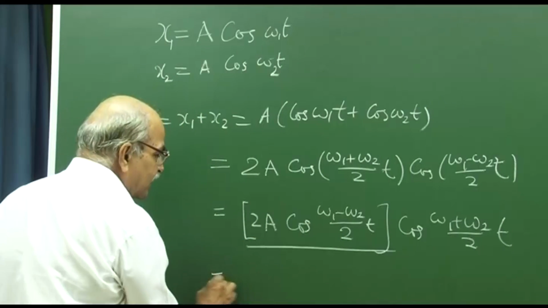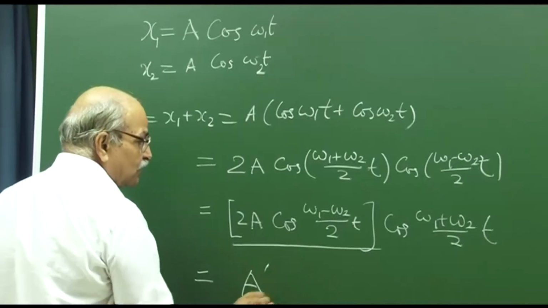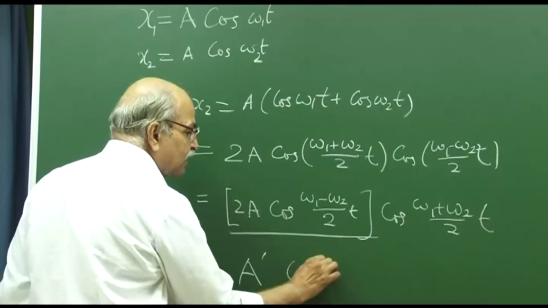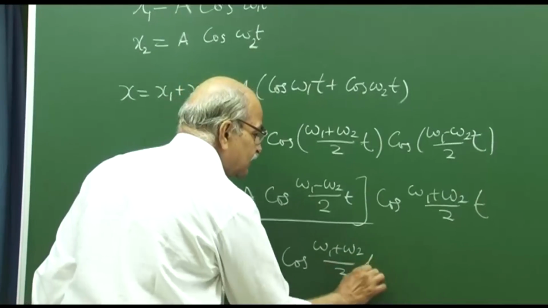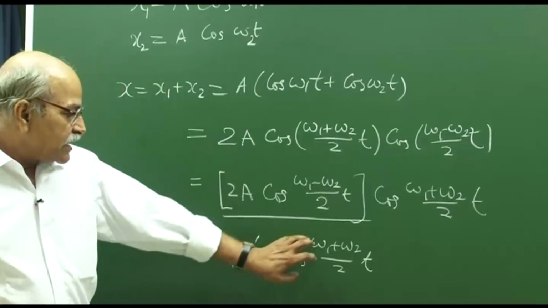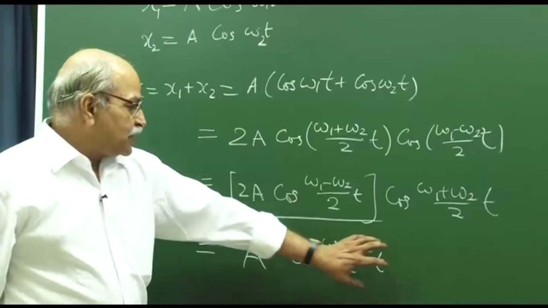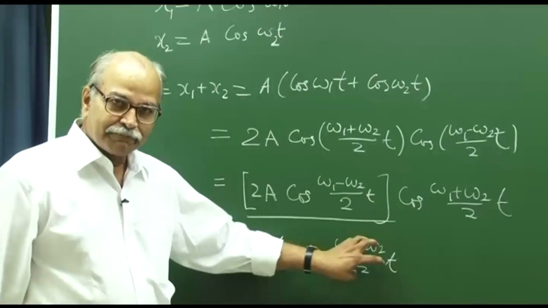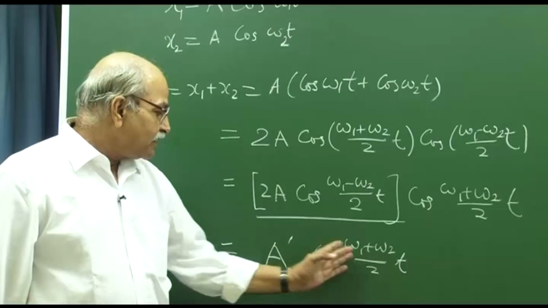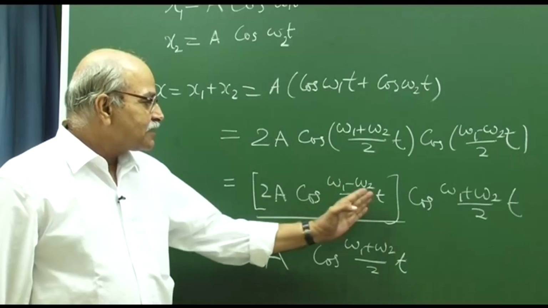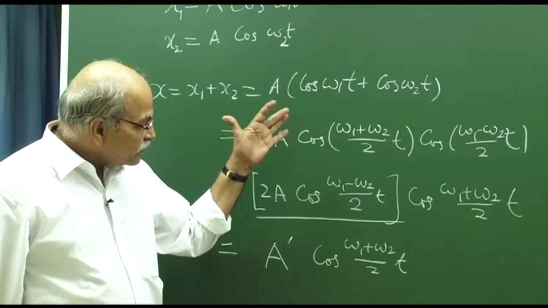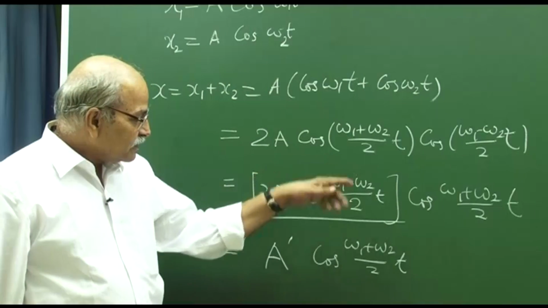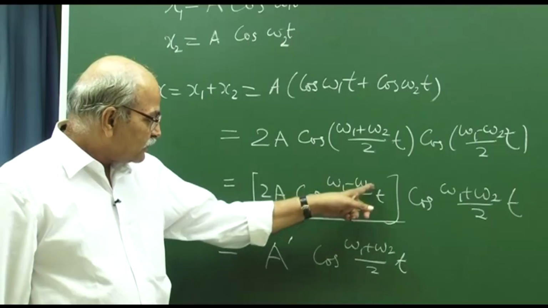You can write this as some a prime, some amplitude, and then cos of omega 1 plus omega 2 over 2 times t. This is the frequency with which it is oscillating roughly, and the amplitude itself is time dependent, and the oscillation of amplitude is given by this frequency.